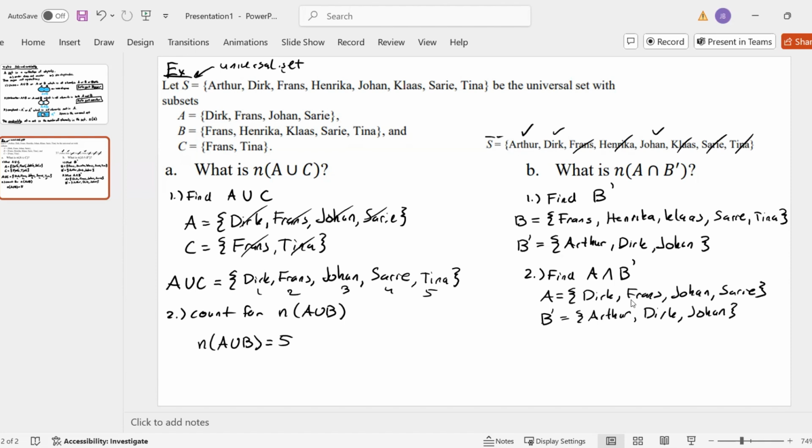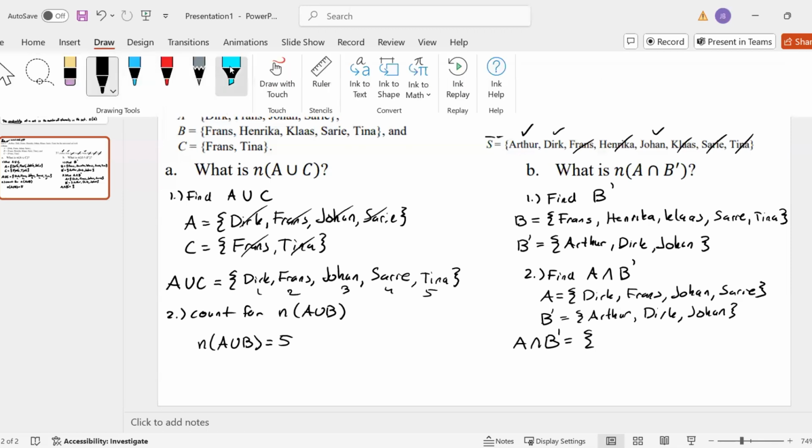And so when you do the intersection, there are cases where it doesn't, but most of the time, it will get smaller. So if it gets smaller, because they don't always share the same thing, right? So they both share Dirk, so I'm just going to highlight that for you.